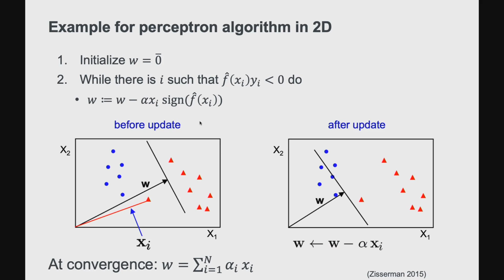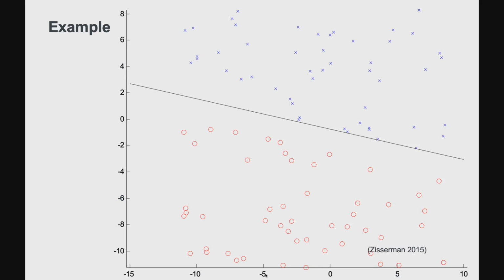And when we converge, then our W is nothing else than a linear combination of these different data points. This is something we will use actually also later. So the whole W is influenced by our data points.